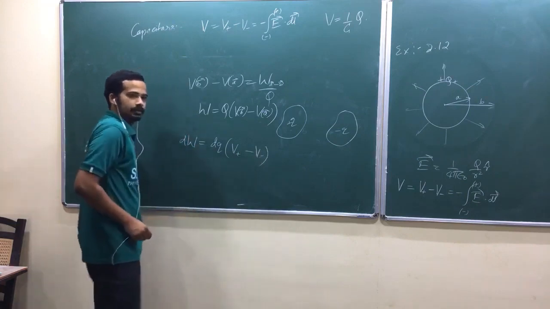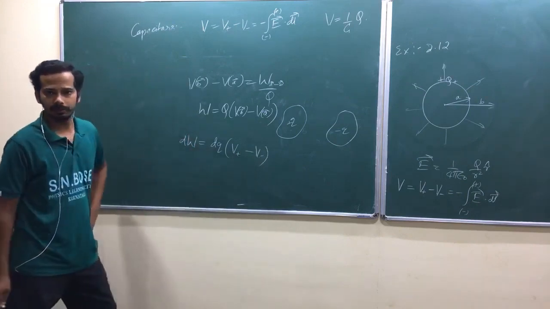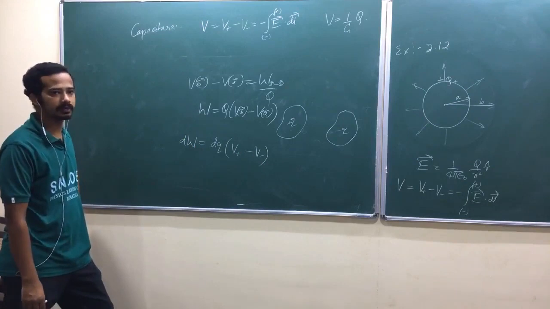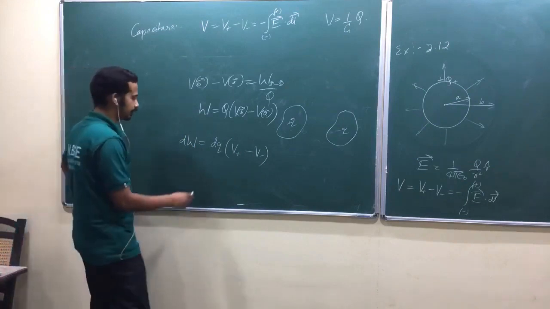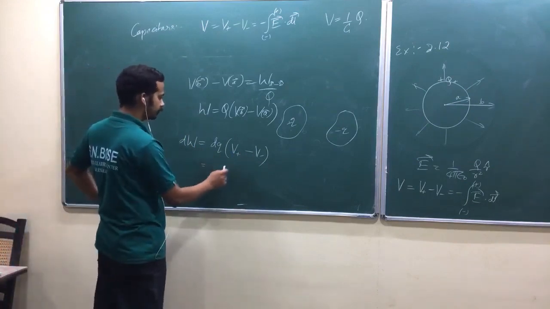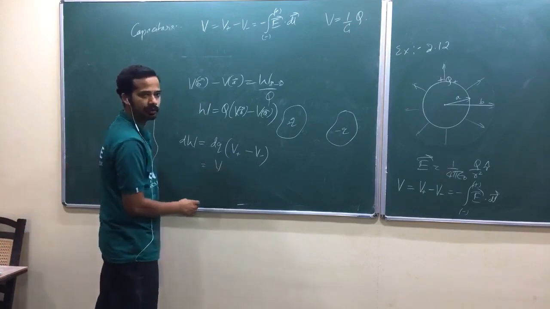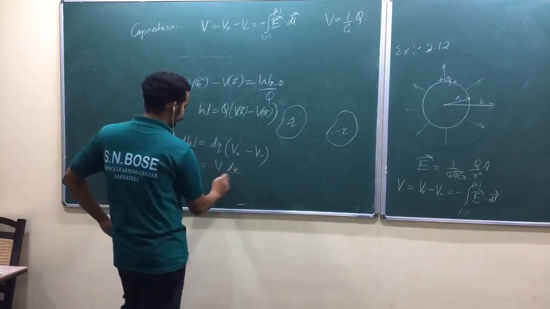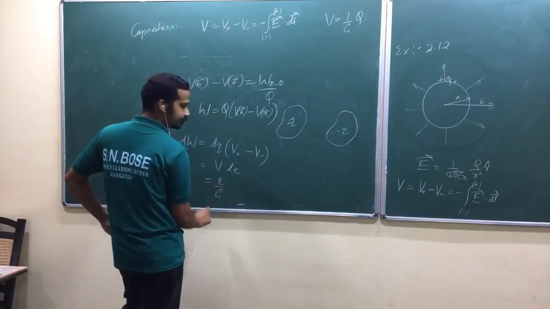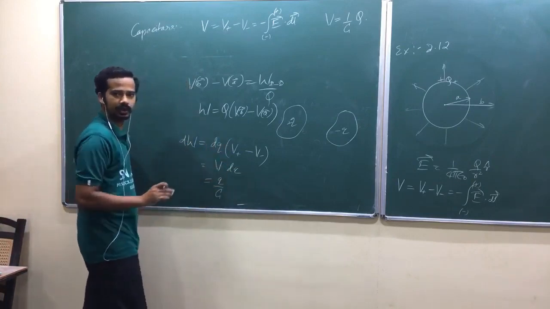Can I write like this? That is the potential difference. Is that okay? Now what is V plus minus V minus? So dq, V I can write as Q by C, where Q is the instantaneous charge on the capacitor.